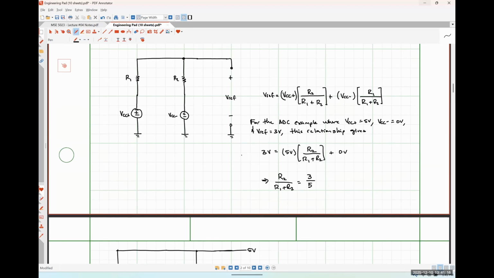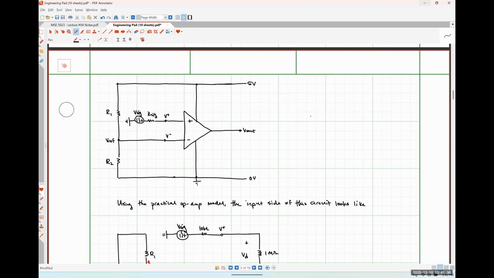So something having a very, very large input impedance. If we use resistors that have a similar resistance, we are not meeting that criterion. The op amp network doesn't look like effectively an open circuit. And so we see a significant amount of fluctuation in that reference voltage.